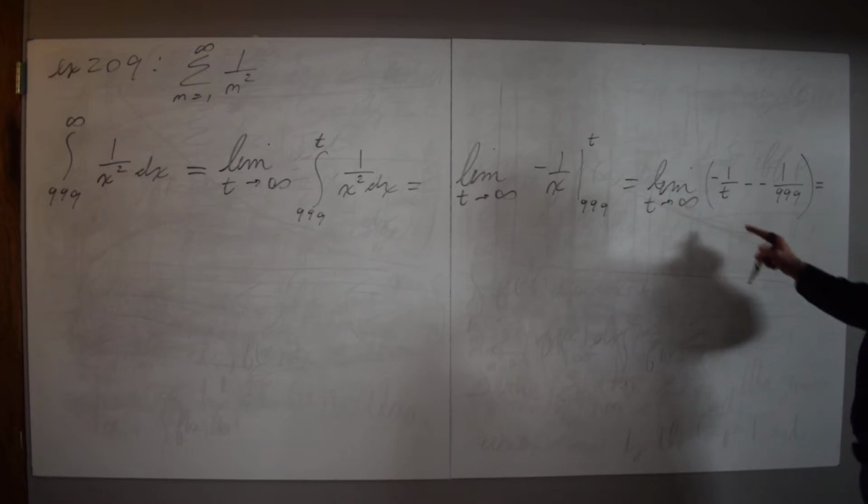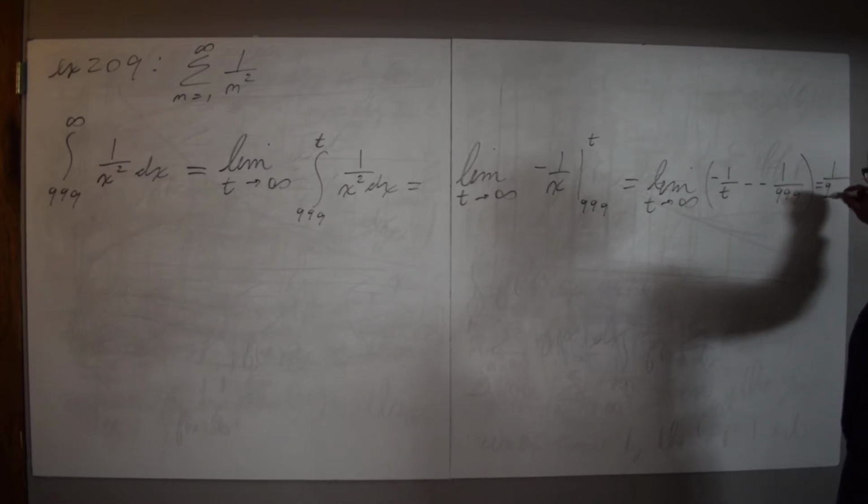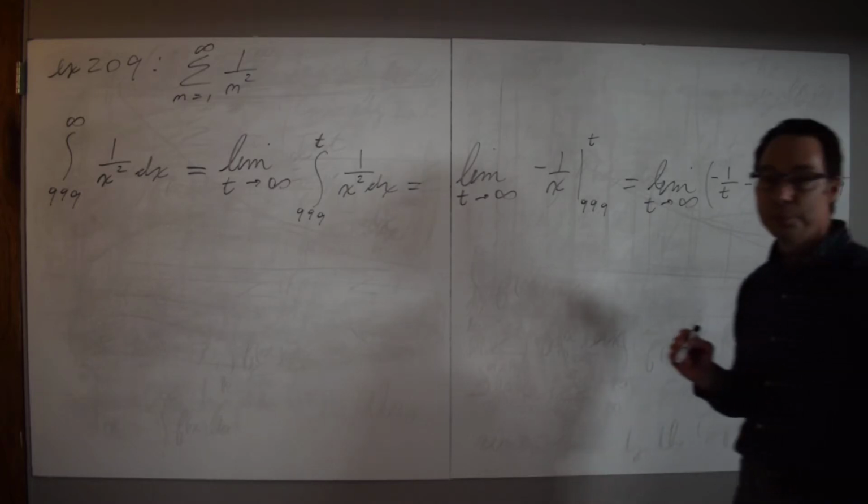This term goes to 0, so we have 1 divided by 999.